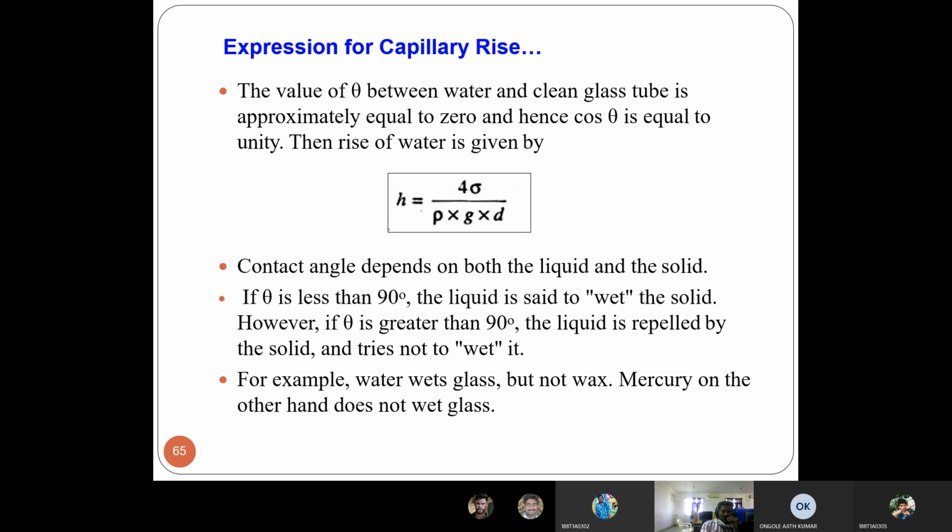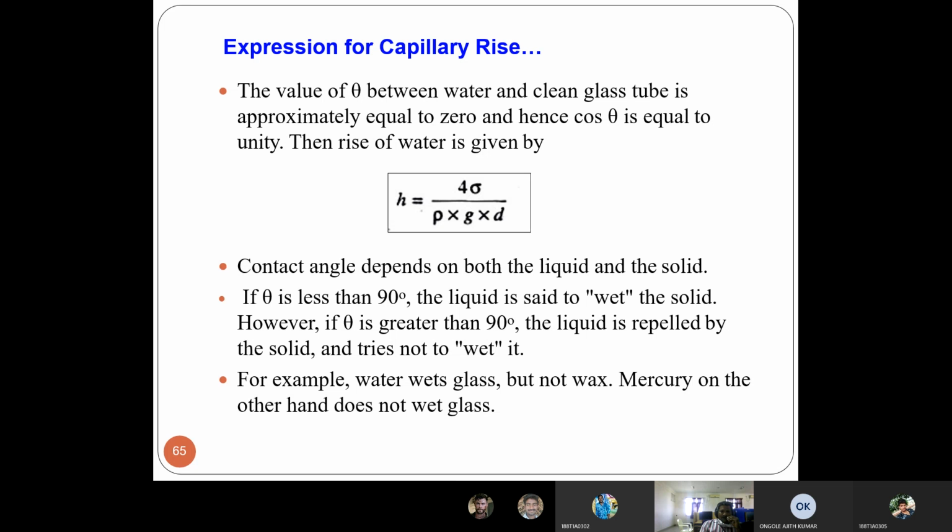Expression: the value of theta between water and a clean glass tube is approximately equal to 0, and hence cos 0 will be 1. Therefore, capillary rise of water H is equal to 4 sigma by rho g d.